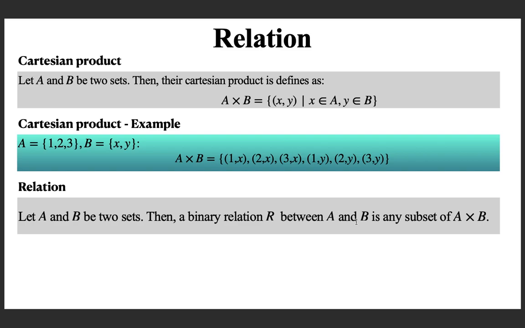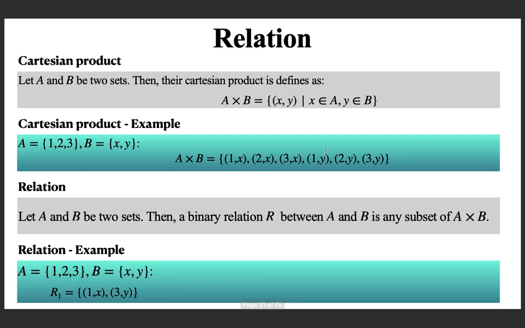A relation from A to B is an arbitrary subset of the Cartesian product. For example, here there are 6 pairs in the Cartesian product. So there can be 64, which is 2 to the power 6, different relations from A to B.